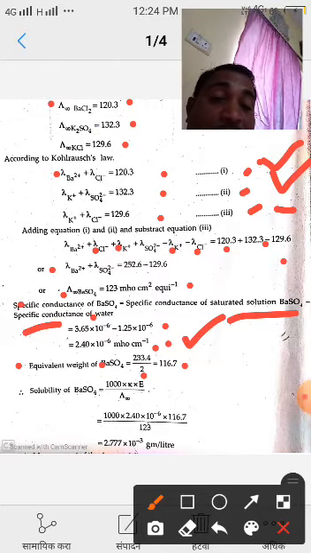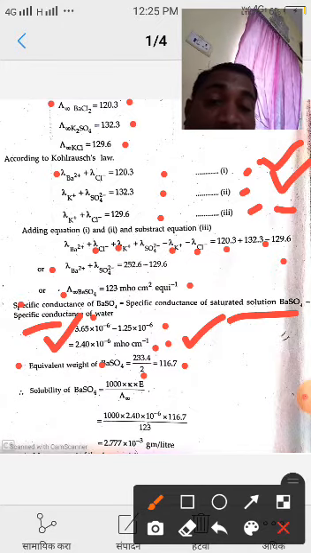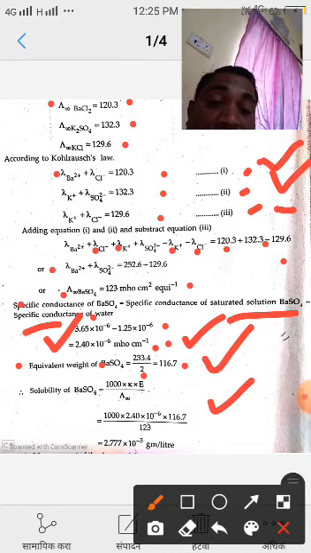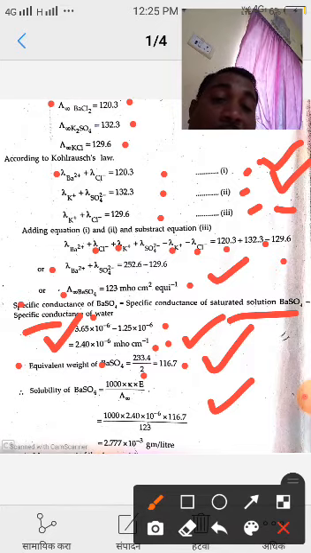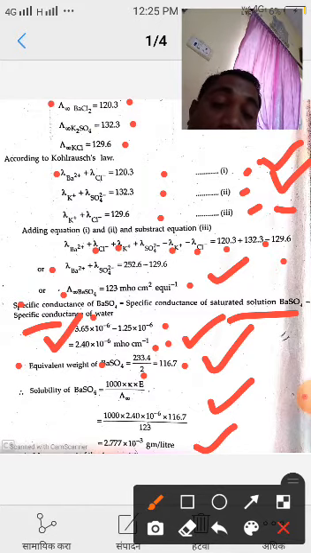Solubility of BaSO4 is equal to 1000 into K into E divided by lambda infinity, where K is the specific conductance of barium sulfate, whose value is 2.40 into 10 raised to power minus 6, E is the equivalent weight of BaSO4, which is calculated as 116.7, and lambda infinity, calculated using the first application of Kohlrausch's law, is equal to 123. Putting these values in the solubility formula, the solubility of barium sulfate comes out to be 2.777 into 10 raised to power minus 3 grams per liter.